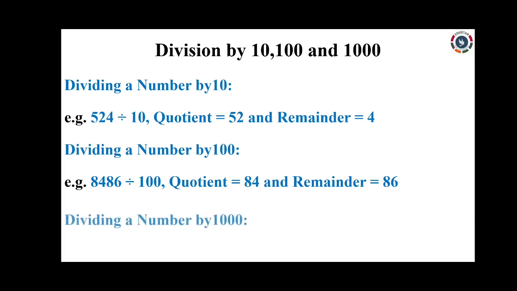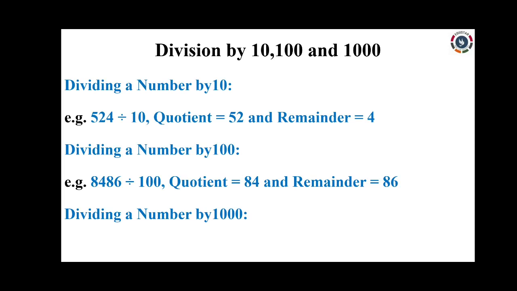Dividing a number by 1000. When we divide a number by 1000, ones place digit, tens place digit and hundreds place digit are the remainder.